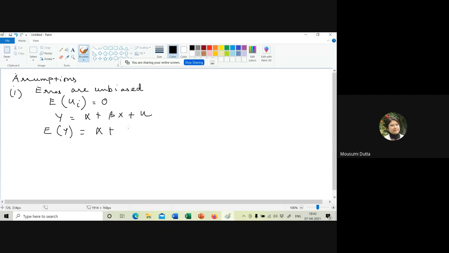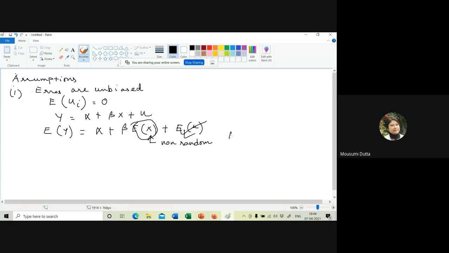Now, if you consider beta like this, if x is non-stochastic, in that case expectation of xi will be x bar under most circumstances. So it will also give us a fixed value. At this moment, we are not interested in this part. Our focus will be totally on this part, expectation of u.